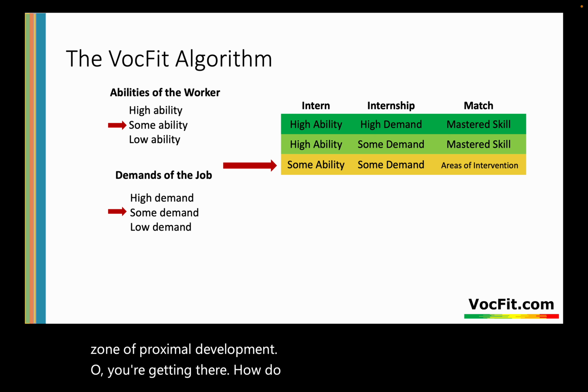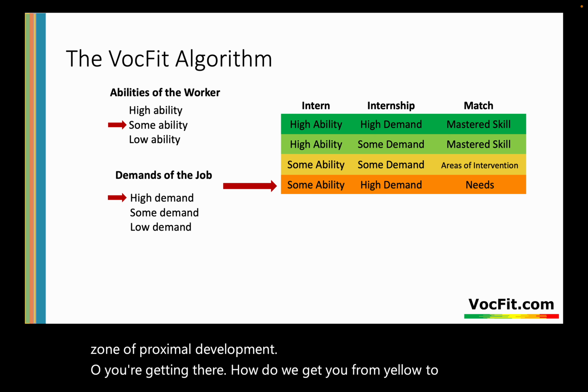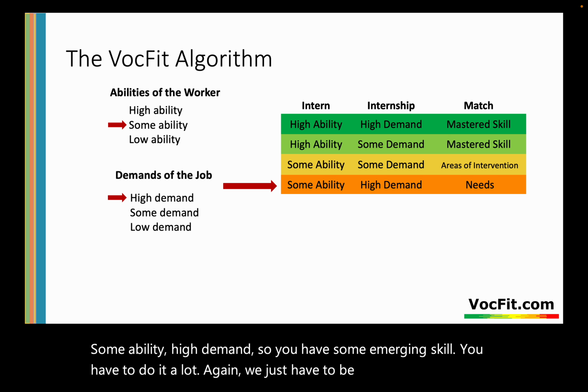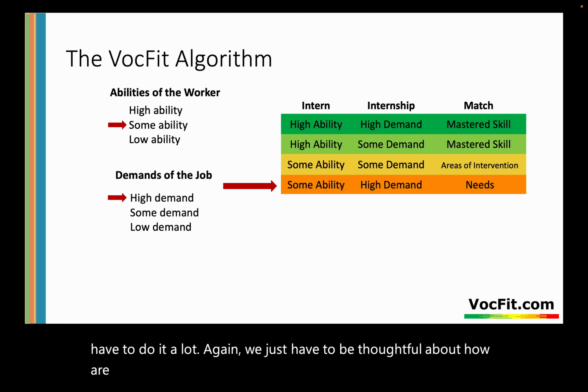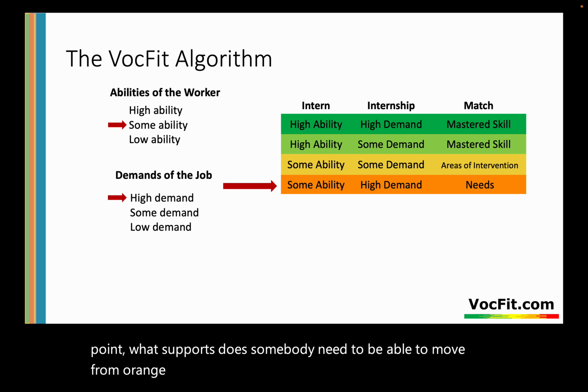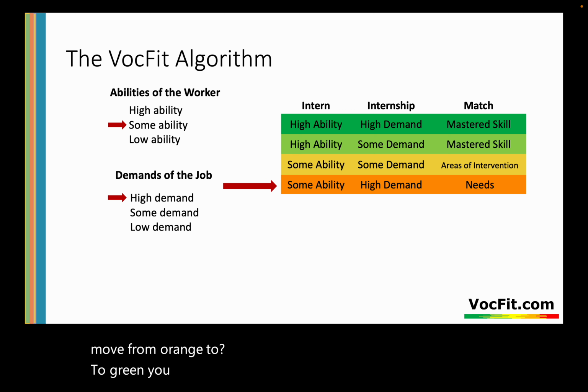How do we get you from yellow to green? Some ability, high demand. So you have some emerging skill. You have to do it a lot. Again, we just have to be thoughtful about how we are adding that skill to the internship, at what point, and what supports somebody needs to be able to move from orange to green, is always going to be our goal, is to get folks to green.